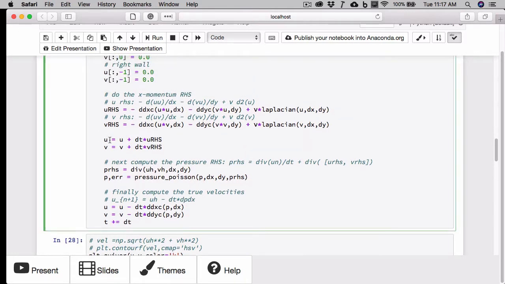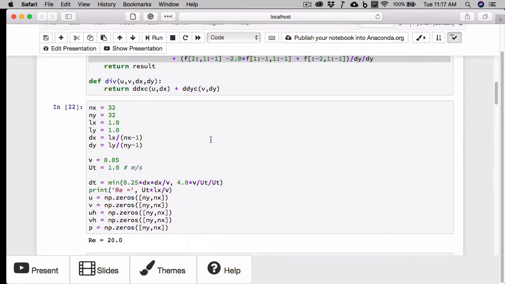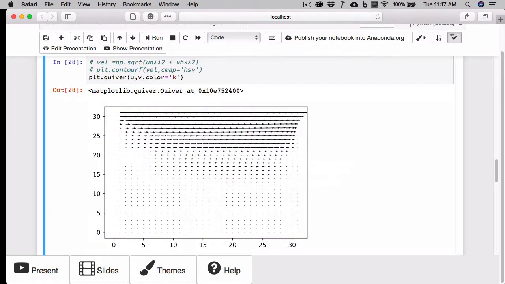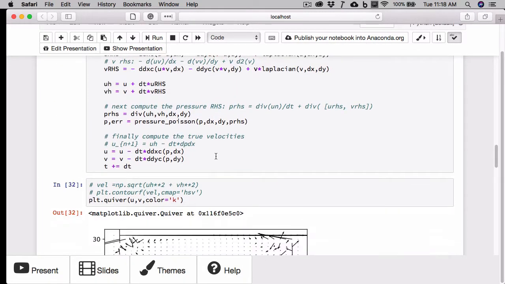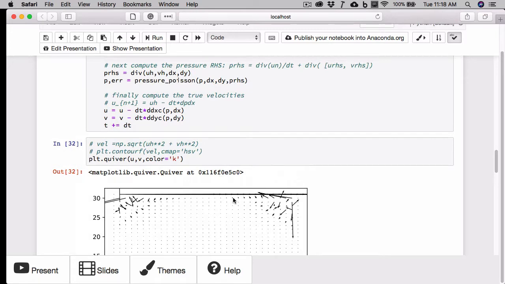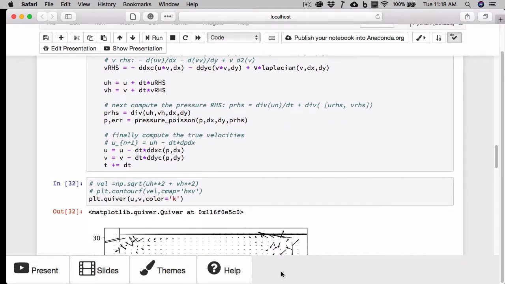So we should be able to just, this is div UH, VH. Let's run this again. It's nice to make mistakes. Okay, this is still wrong.